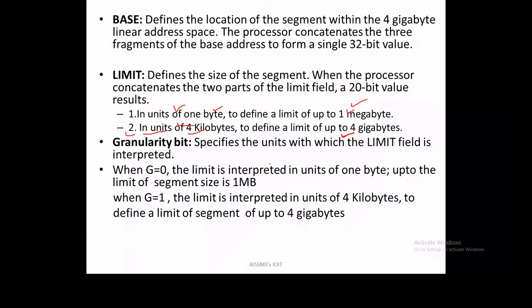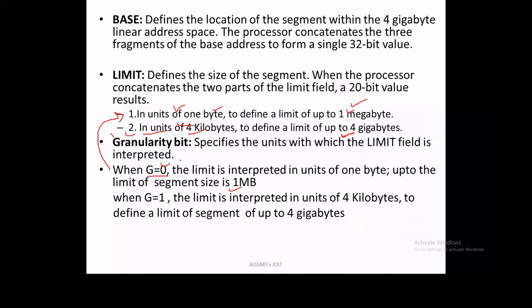Are you getting it? Okay, so as I said, this limit field takes its reference from the granularity bit. If this granularity bit is 0, it follows the first way, meaning the segment is byte addressable and the segment size can be up to 1 megabyte.